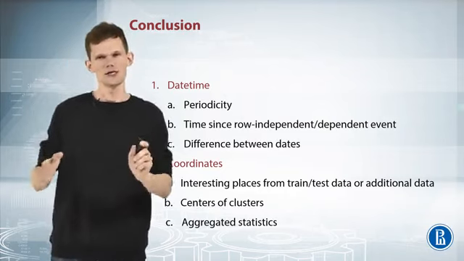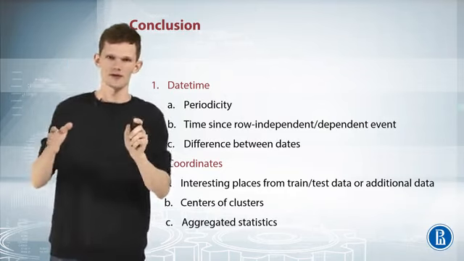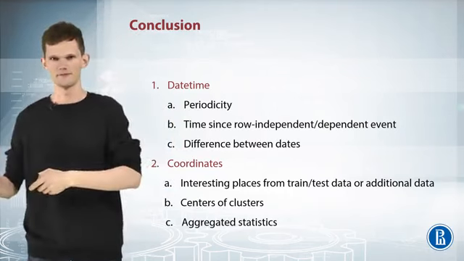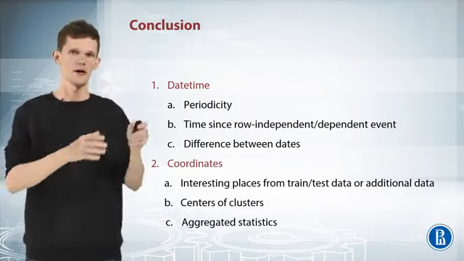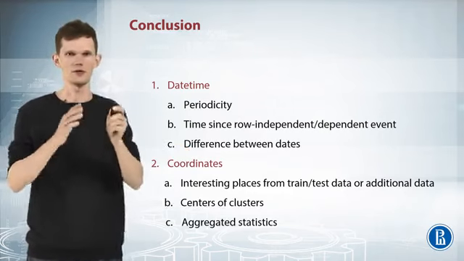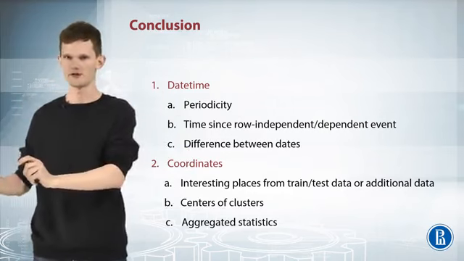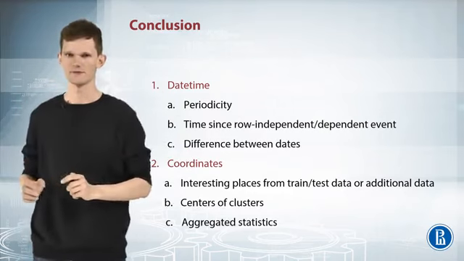Great! We just summarized the most frequent methods used for feature generation from datetime and coordinates. For datetime these are applying periodicity, calculating time passed since a particular event, and adding differences between two datetime features.